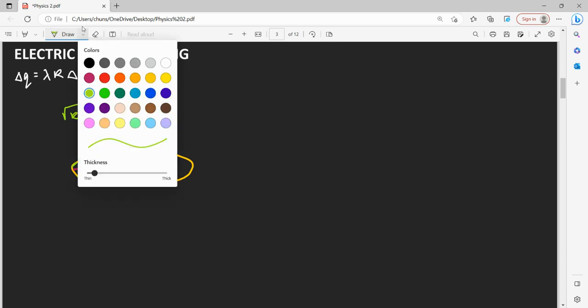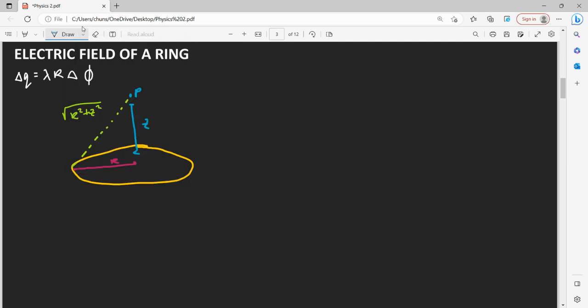So when we are taking the electric field of this, we want to consider breaking up our ring into small little arcs, right? So say we use this little arc right here. That's going to have angle phi.